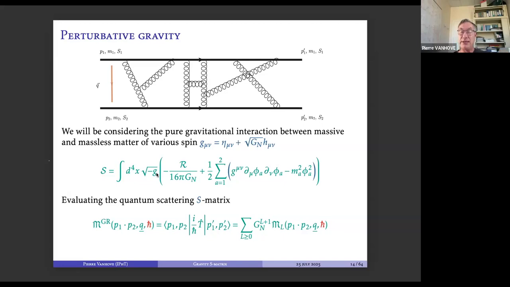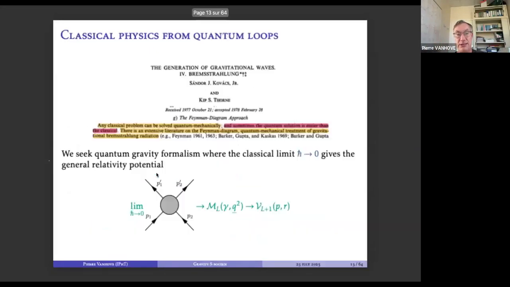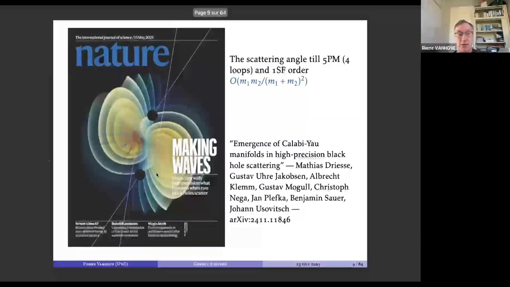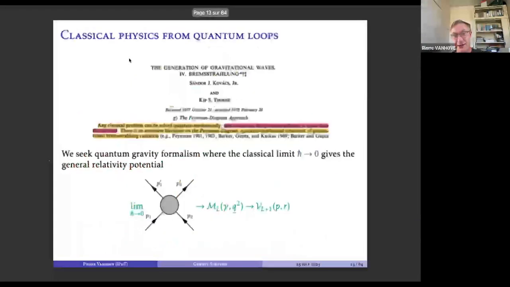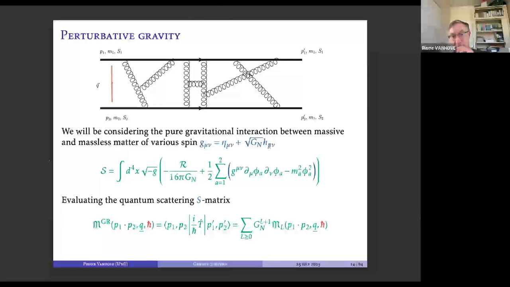The scattering angle tells you how the trajectories of the two objects are modified by their mutual interaction. So then you can compute as well the waveform. The waveform is h mu nu, the fluctuation of the metric, right?